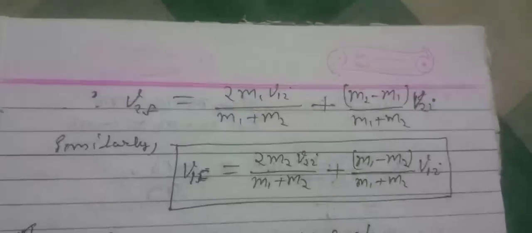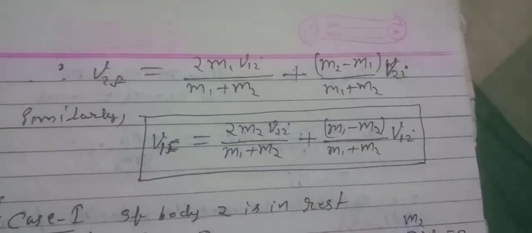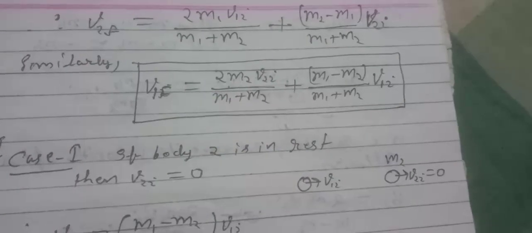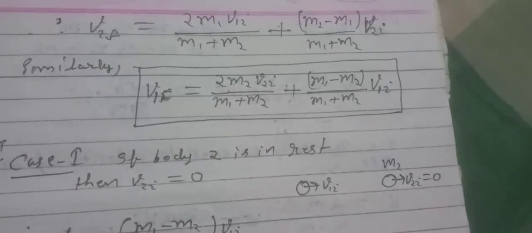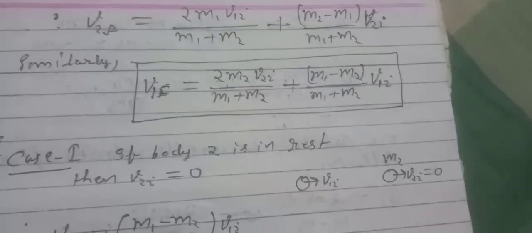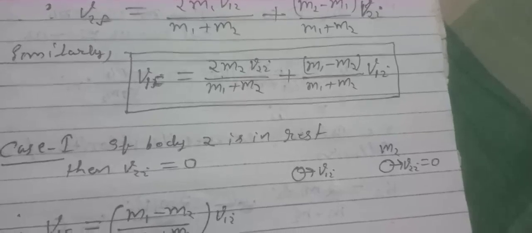Hence v2f = 2 m1 v1i/(m1 + m2) + (m2 - m1)/(m1 + m2) × v2i. Similarly, we can calculate v1f = 2 m2 v2i/(m1 + m2) + (m1 - m2)/(m1 + m2) × v1i.